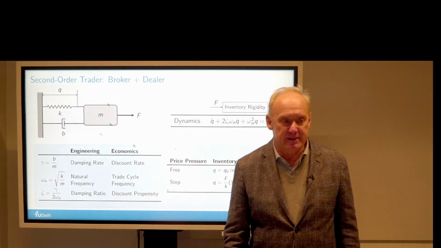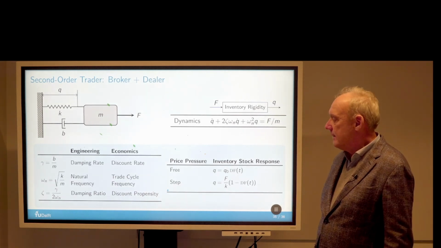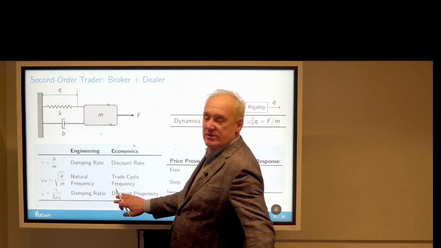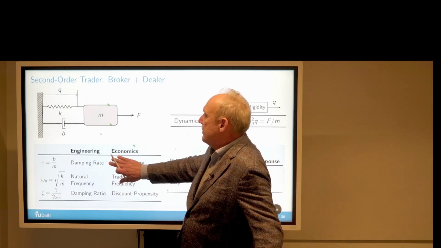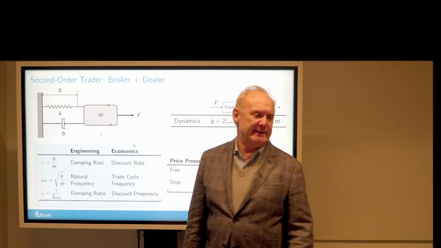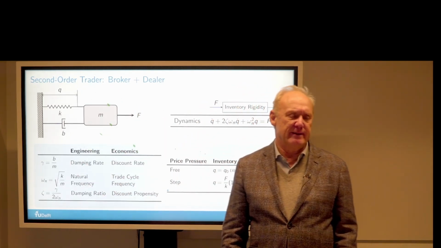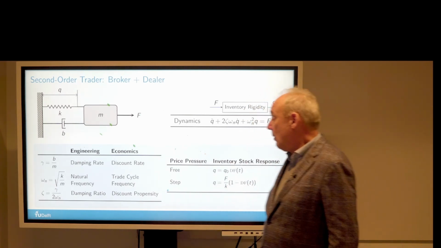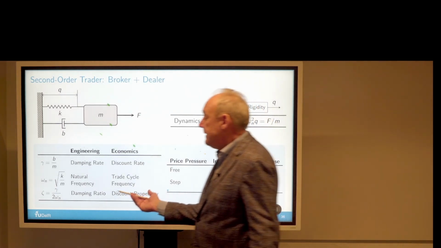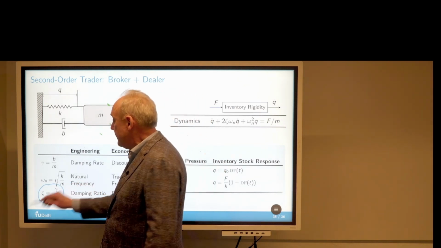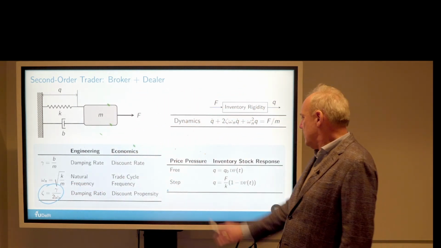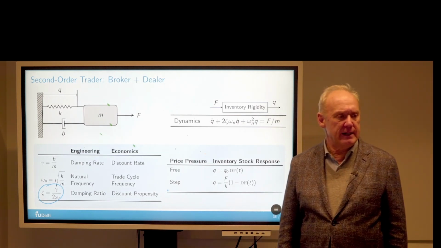But instead of the propensity to consume, I'll just call it a discount propensity, because we're looking at a trader here and not really consuming yet. It's not that Keynes defined it like this, it's just that I like to use these words and give them a specific meaning, all right?